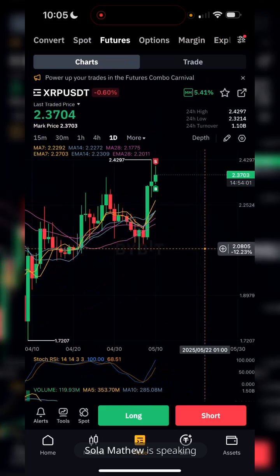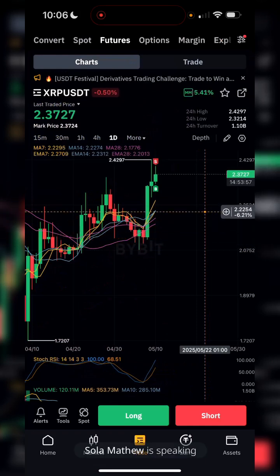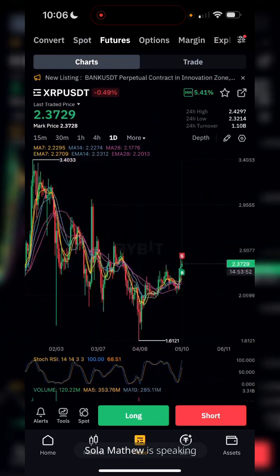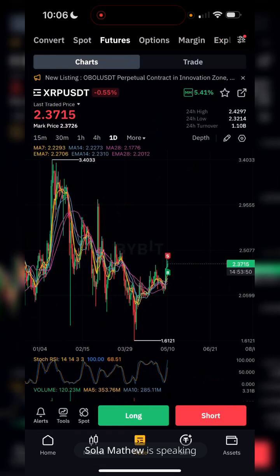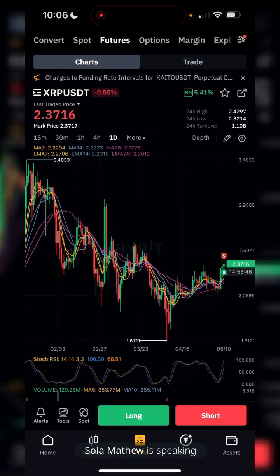So this one is an uptrend on the daily candle. But if we look at this, here now is a downtrend, because it has not gone over the peak of the highest candle.